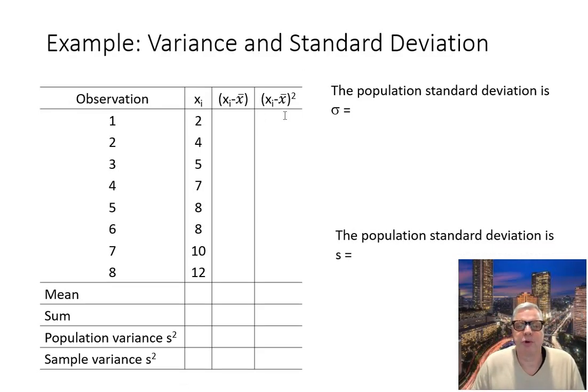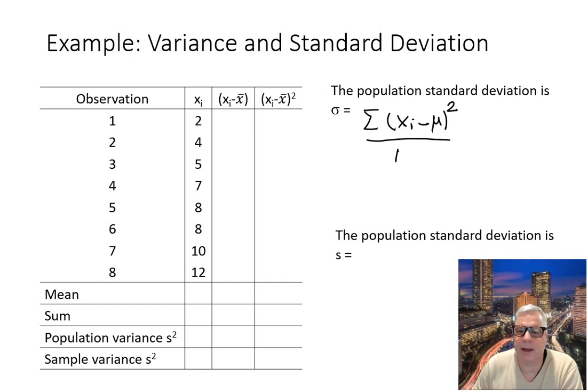The population standard deviation, we said the formula is the square root of the variance, and the variance is summing up all the squared deviations from the mean, squaring them, dividing by n, and then we take the square root.